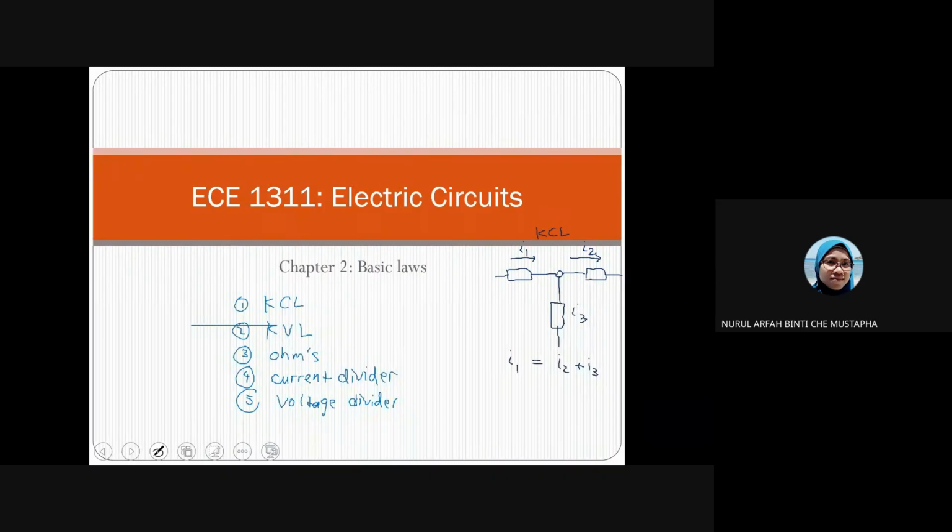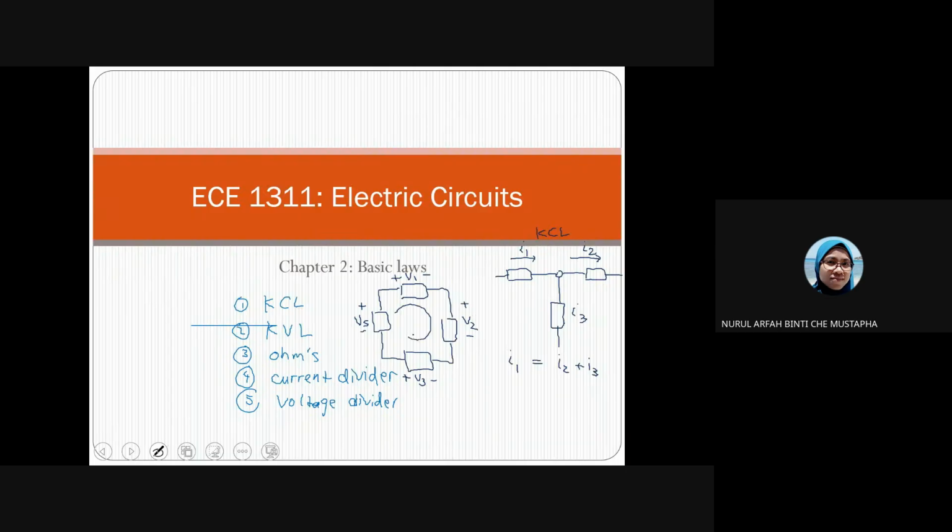Sometimes the closed loop, like the example we had in chapter one. Okay, so this plus minus is V2 plus minus, and this is V3.